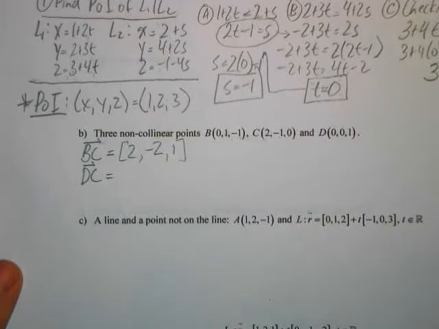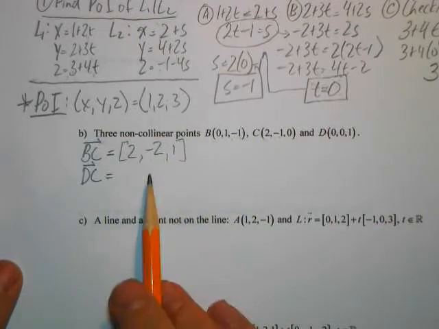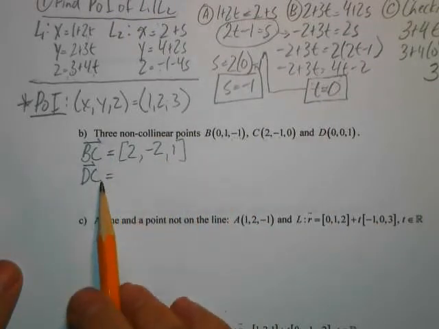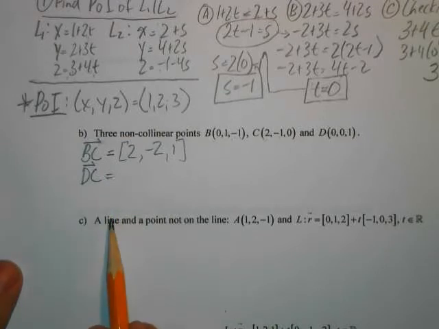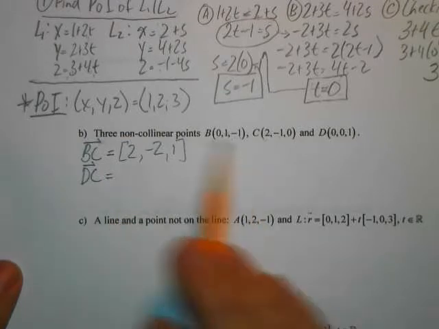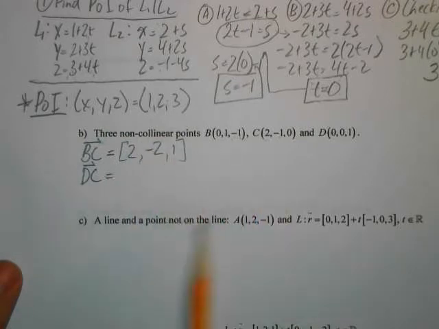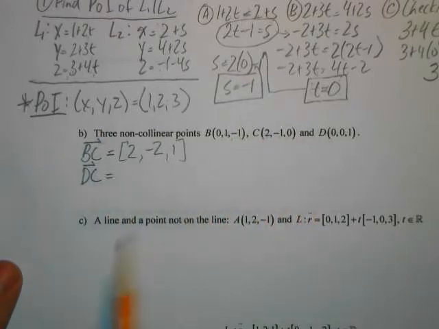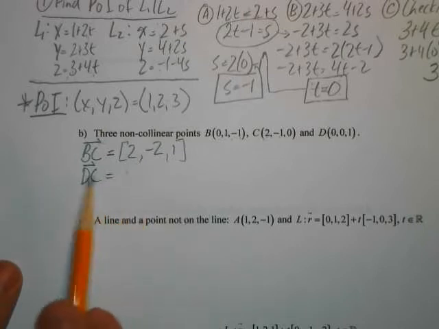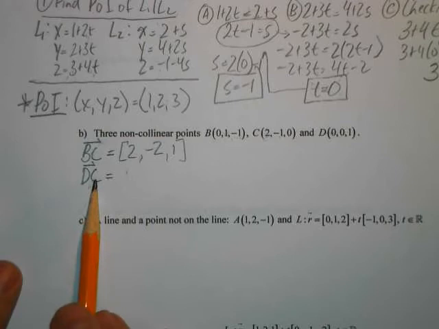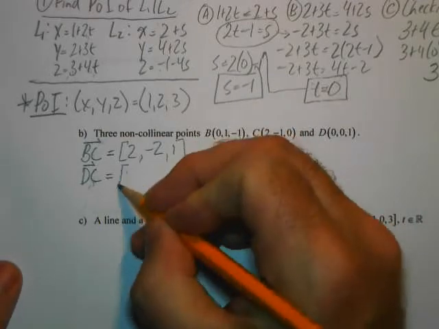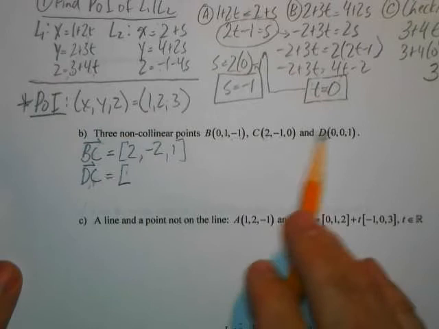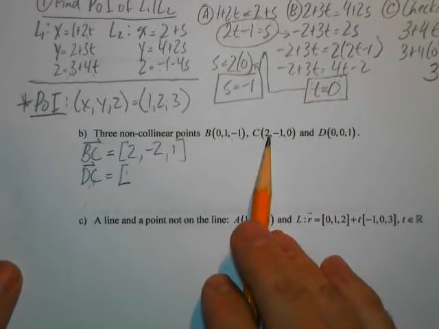There is a bit of a strategy to picking the right 2 direction vectors if you're looking for the angle at a certain point. For example, if they then wanted me to use this equation to find the angle at point C for these points, I definitely want to have the direction vectors that both involve C. Okay, now DC, so this time I'm going this way, so it's 2 minus 0.